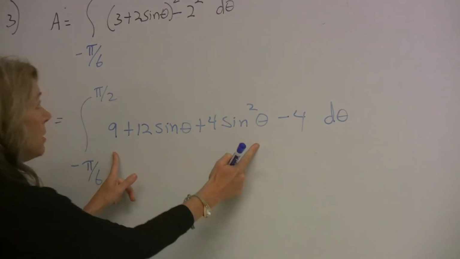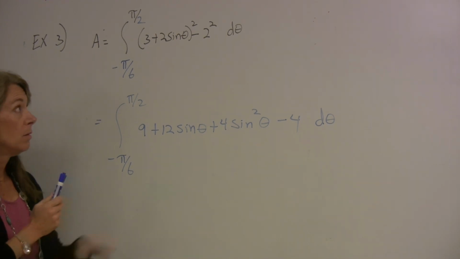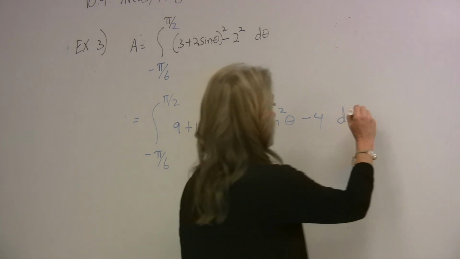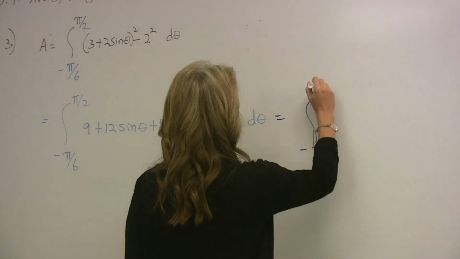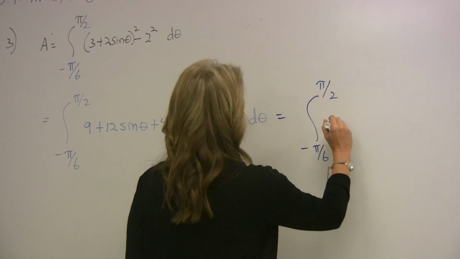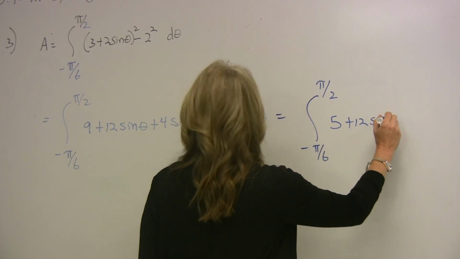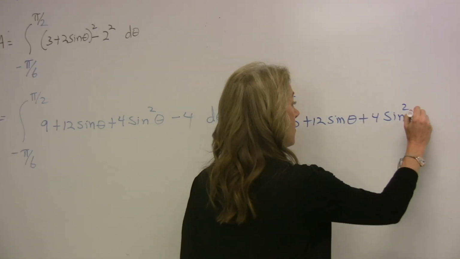So these first 3 terms are just from multiplying that out. Good there? So if we combine like terms, well, this is much better. From -π/6 to π/2, that's just going to be 5 plus 12 sine theta plus 4 sine squared theta d theta.